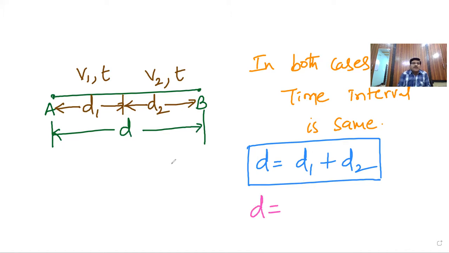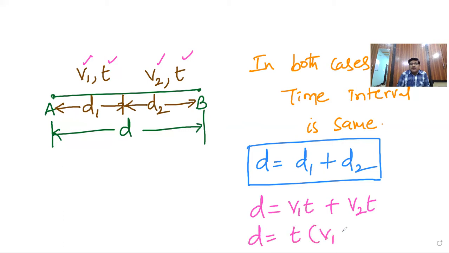What is the distance D1? Distance is speed into time, so applying the speed formula to the first portion, D1 is V1 into T. Plus similarly, for the second portion D2, V2 into T. Now D is equal to, T is common, T times V1 plus V2. Clear?